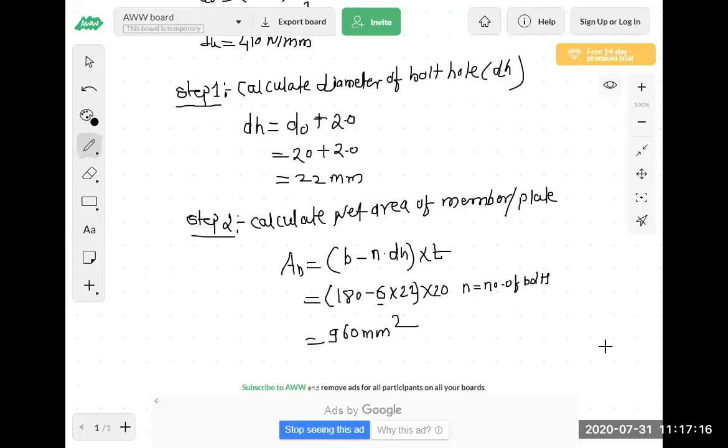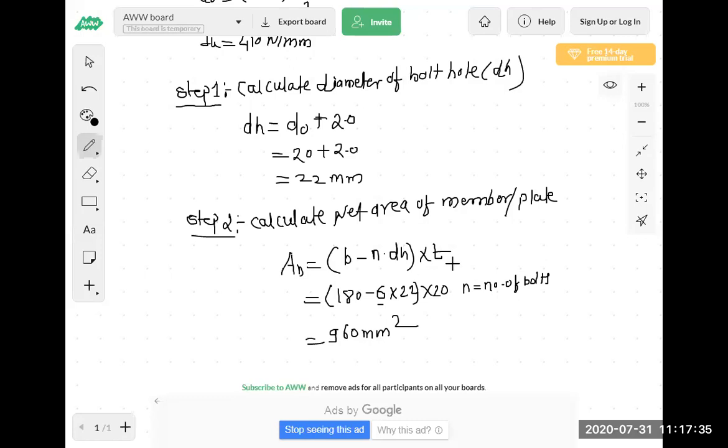Please everyone, these are simple calculations. We have to calculate net area. Net area is nothing but we have to deduct the holes. Whatever holes we have provided to the plates, that we have to deduct from the earlier area.